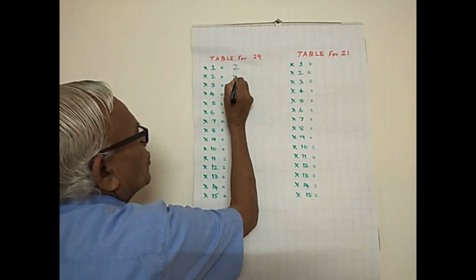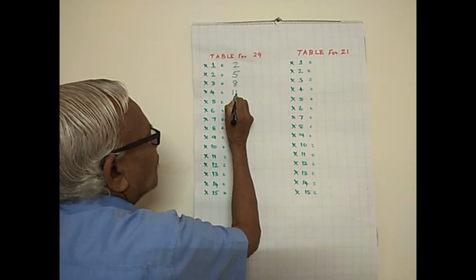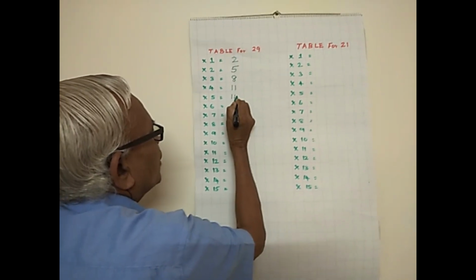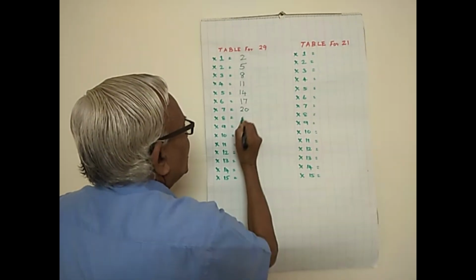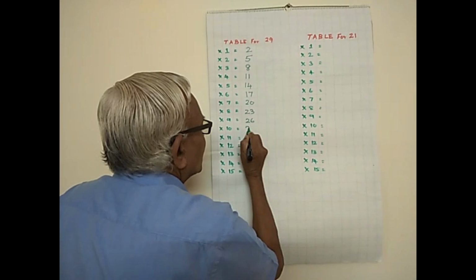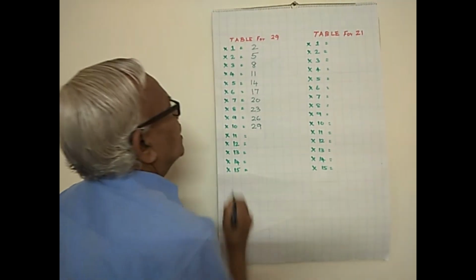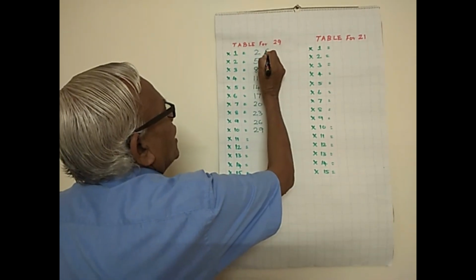So I'll keep on writing 2, 5, 8, 11, 14, 17, 20, 23, 26, 29. And for the unit digit, let us start with 9.